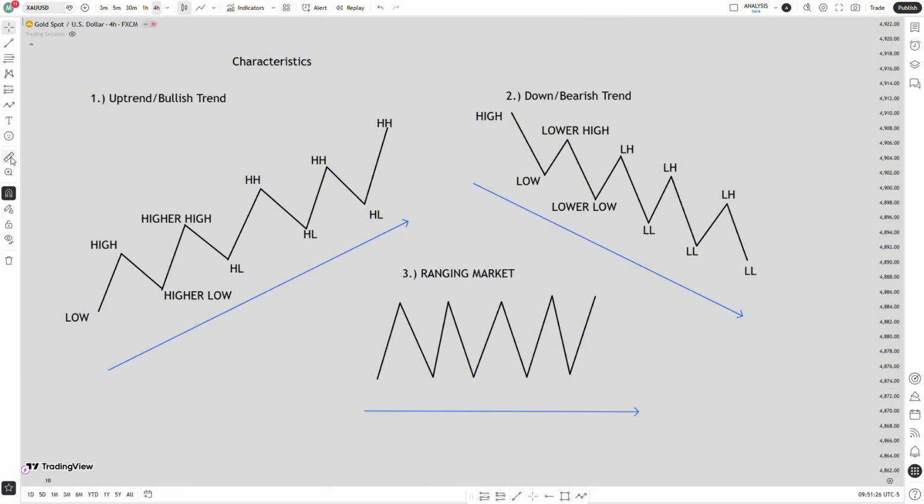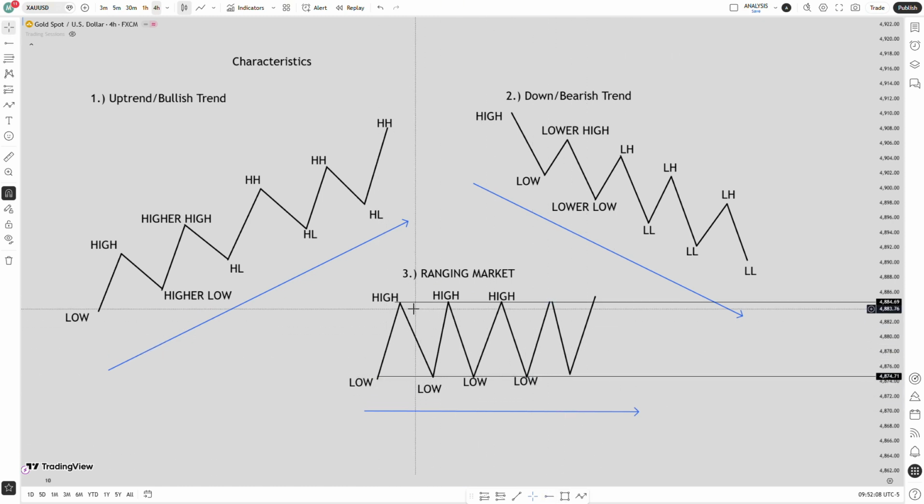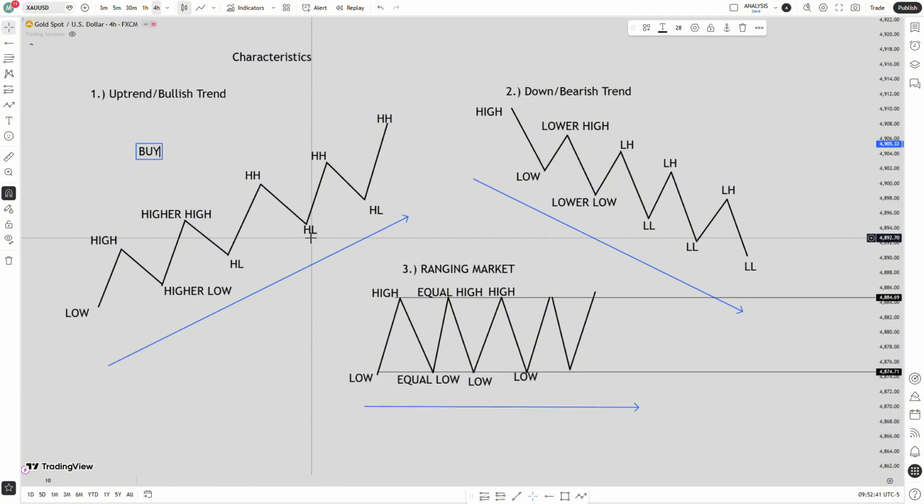Why? Because we are just having equal lows. This is a low, yes, we agree. Yes, it's going to be a high, and so on and so forth, because the prices are literally at the same value. Because they are having the same values, we can call them equal highs. Then the same thing with lows, equal lows. So you are buying in a bullish trend, you are selling in a bearish trend.